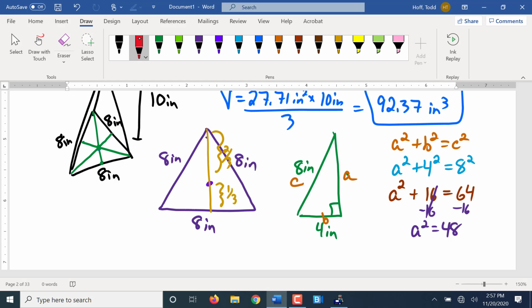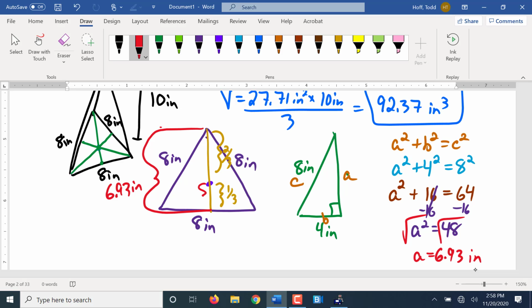And then how do we find A? Square root. So A equals 6.93 inches. So this whole length here is 6.93 inches, which means 1/3 of that is 2.31. Does that make sense?